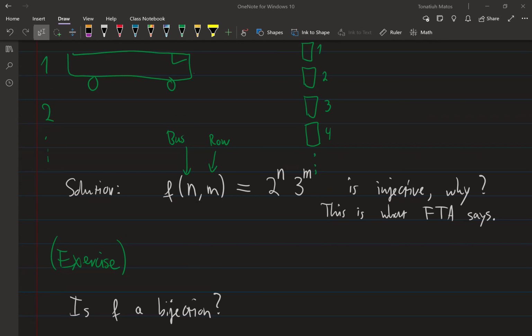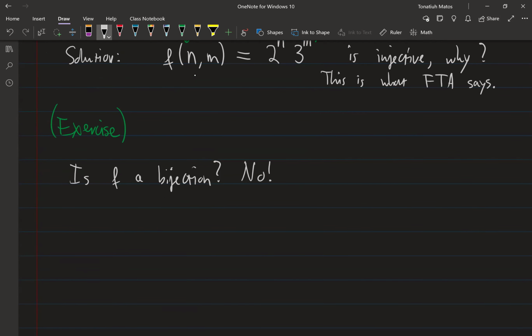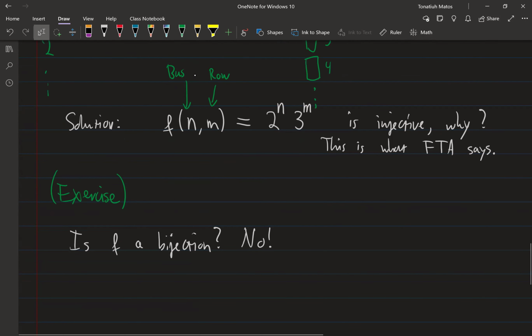Okay, Max is saying this is not surjective, and okay, sure. Any prime number larger than 3 doesn't work. Indeed. So this is not a bijection because it only hits numbers that are a power of 2 and a power of 3. It doesn't hit anything that's a power of any other prime number. So the number 7 is never hit, right?